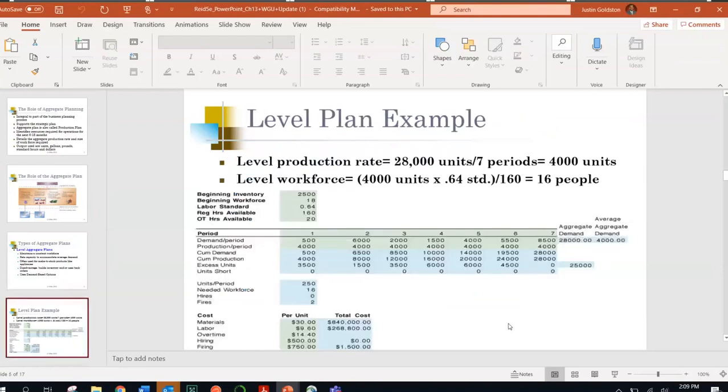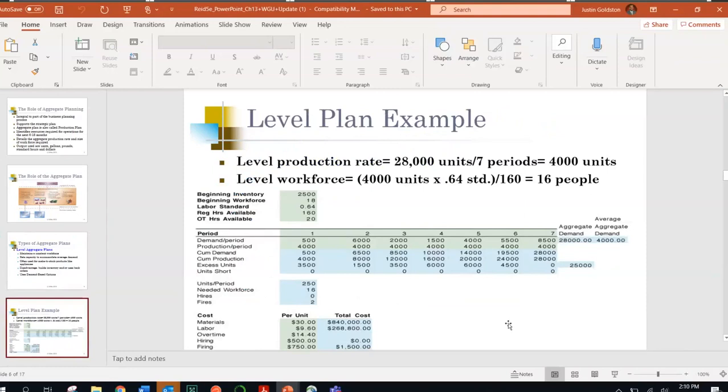So what I mean by that is that I can look long term in the future. That's where that medium-term plan comes into play, where I'm going to look 6 to 18 months out, and I'm going to say, okay, what is my proposed demand going to be in the future?